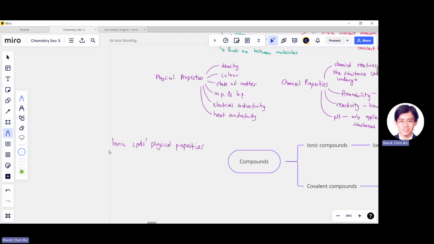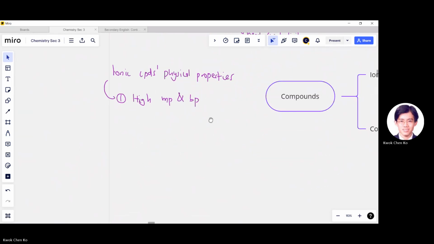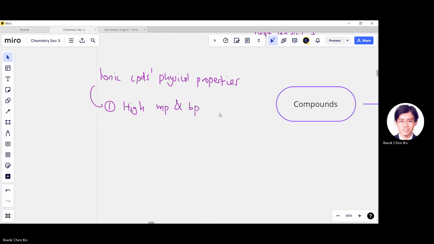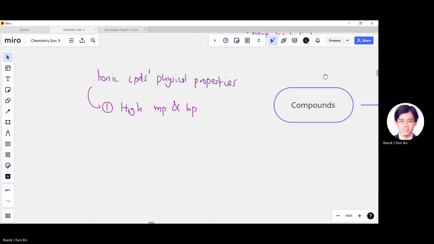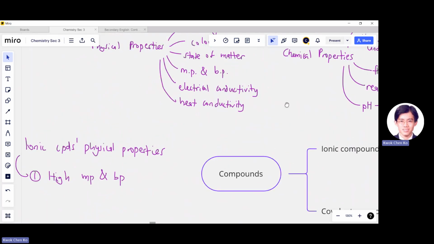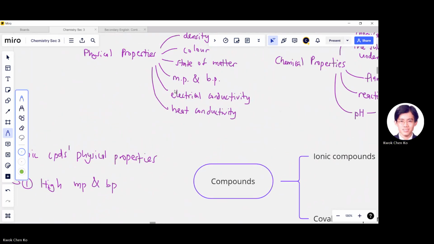We have already established high melting and boiling point. Oh, I forgot one important one. Can you guys add in just now physical properties? Solubility in water.